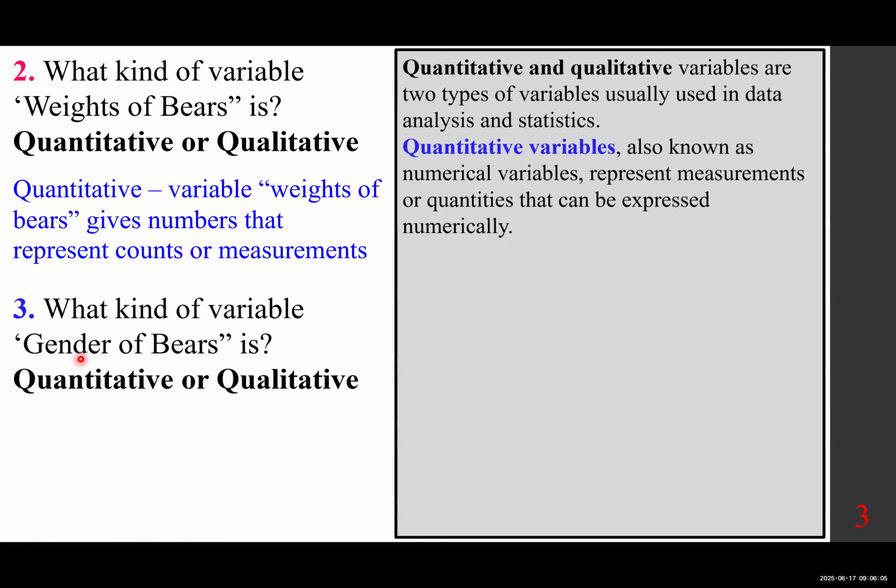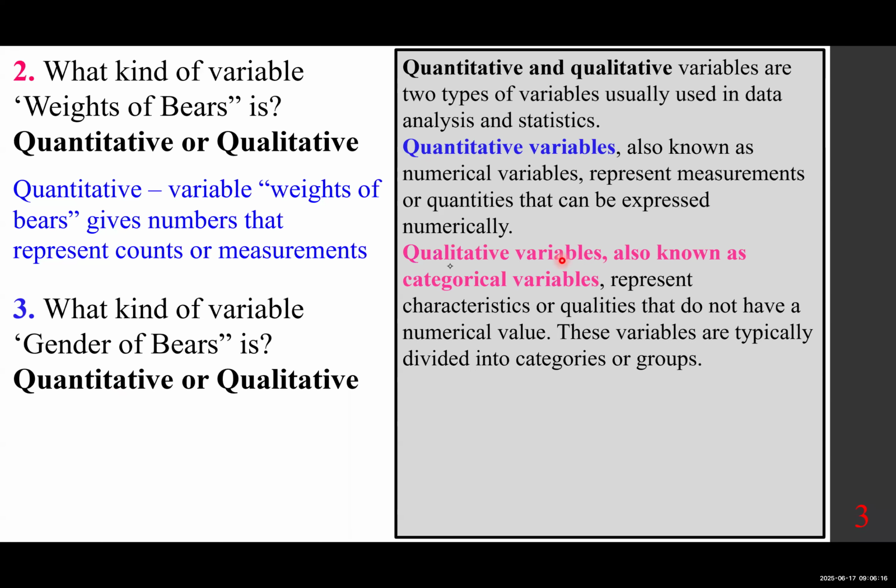What kind of variable is gender of bears? Quantitative or qualitative? Well, we've given the definition of a quantitative. Let's look at the definition of a qualitative. Qualitative variables, also known as categorical variables, represent characteristics or qualities that do not have a numerical value. These variables are typically divided into categories or groups.